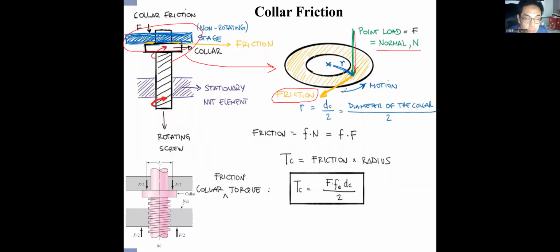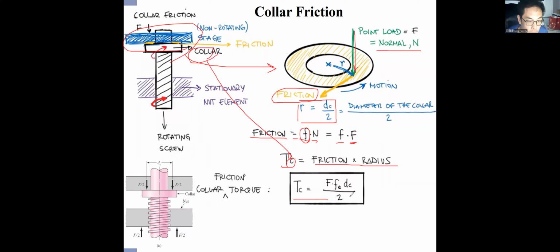R is defined as the collar radius, that is the diameter of the collar divided by 2. Therefore the friction equals f times N, where f is the friction coefficient, equals f times the point load. Therefore TC, where C represents the collar, equals the friction times the radius.